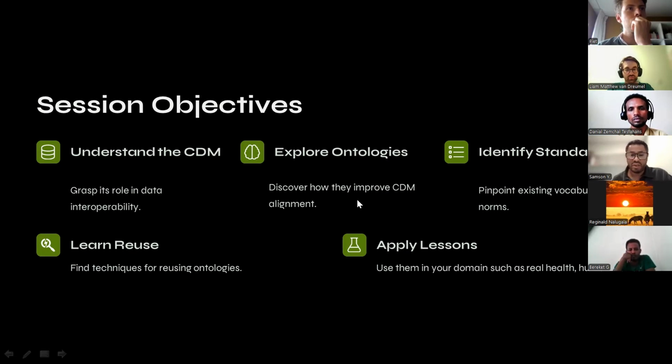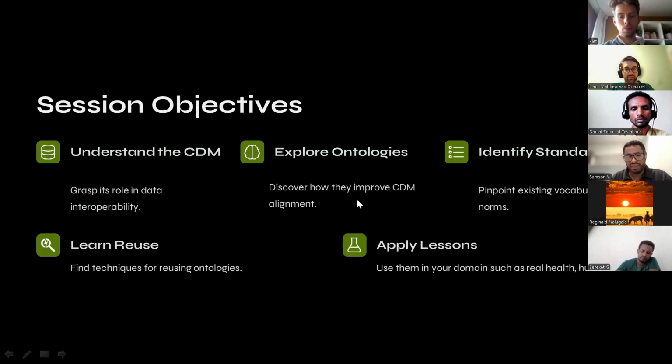We will also explore a little bit about what ontologies are and how they can improve common data models, and also look into the different standards that exist and how you would learn and apply those in your ongoing activities on data modeling, data standardization, and verification in general, as we move ahead towards creating findable, accessible, interoperable, and reusable data for both machines and humans.